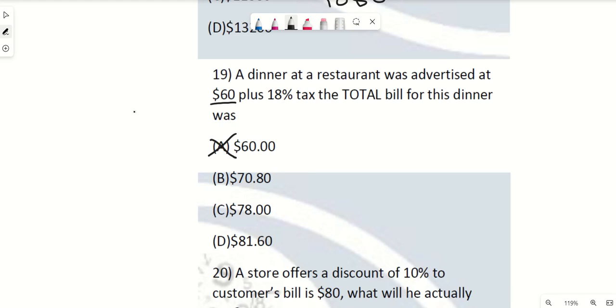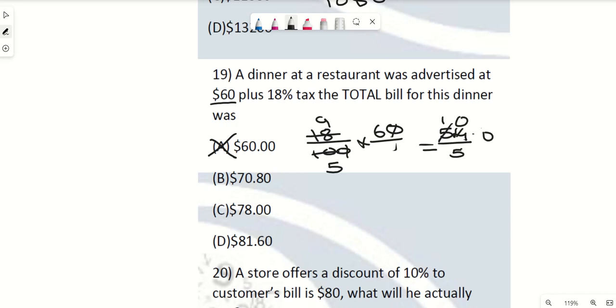The total bill for dinner was, so we're going to find 18% of your 60. 9 sixes are 54. 54 divided by 5 is 10, remainder 4, that's 8, so it's $10.80.